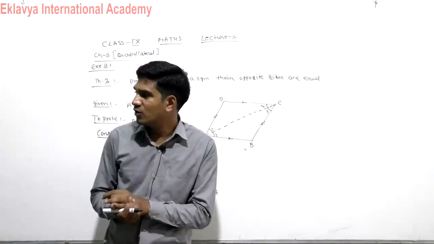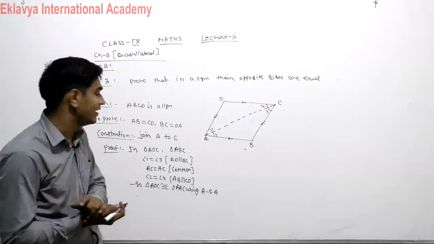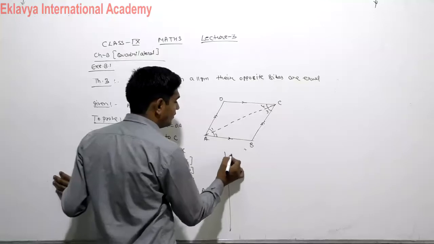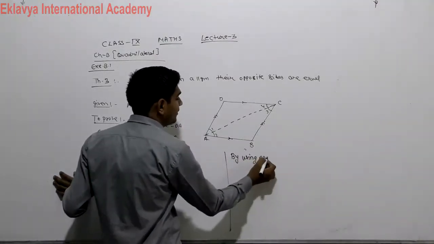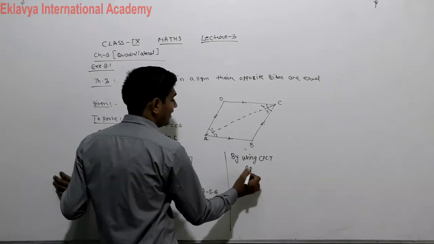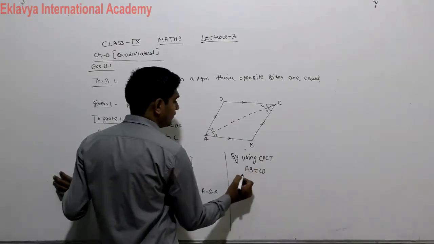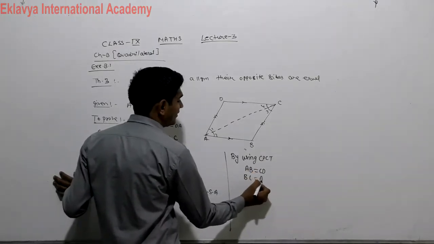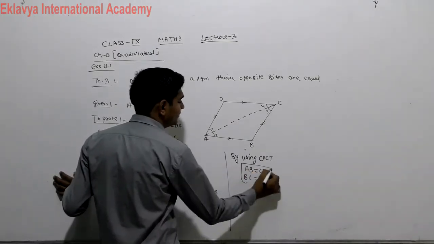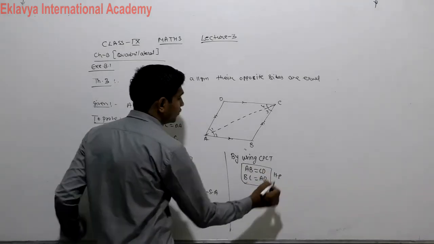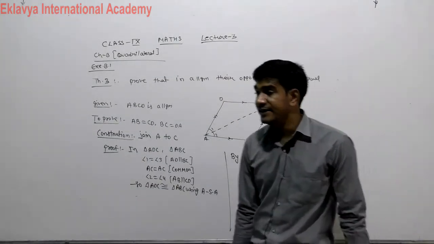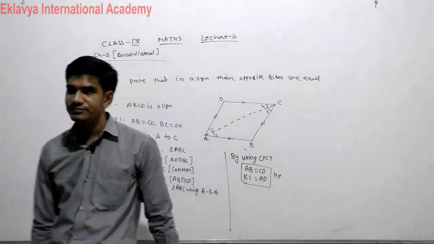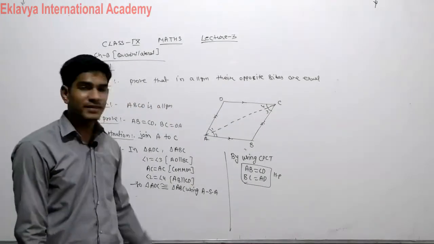So by using CPCT, AB is equal to CD and BC is equal to AD. Hence, in a parallelogram their opposite sides are equal. Understand? Any problem in that theorem?